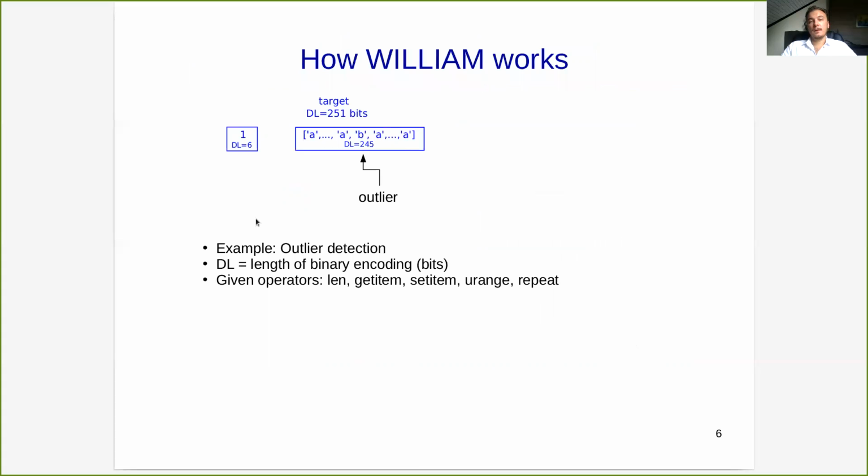For these different data types, I have provided a fixed binary encoding. So any data can be mapped to a binary string, the length of which can be computed. In this case, the total length here is 251.